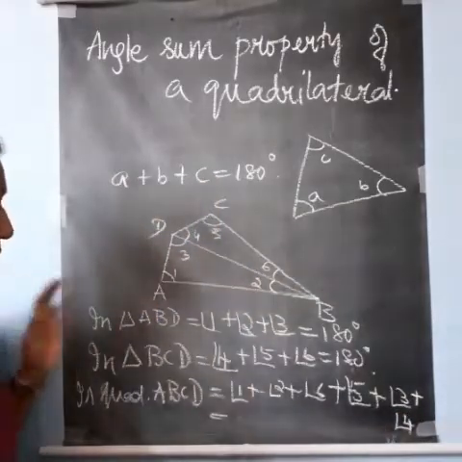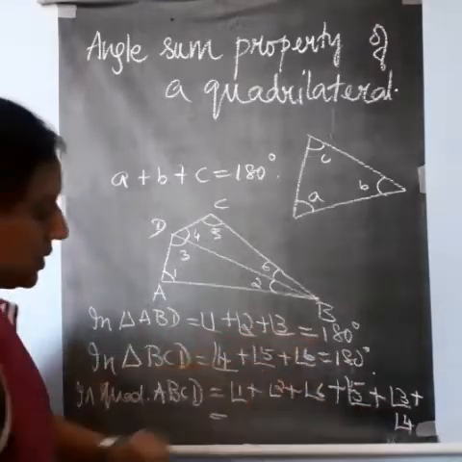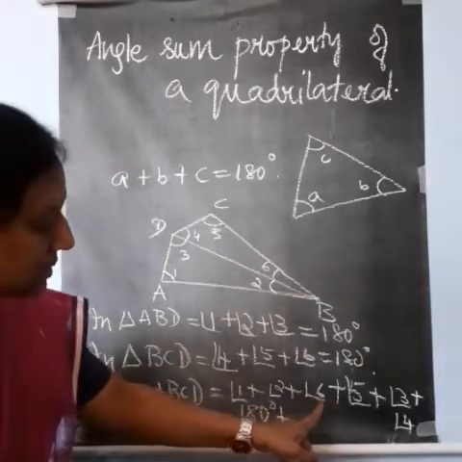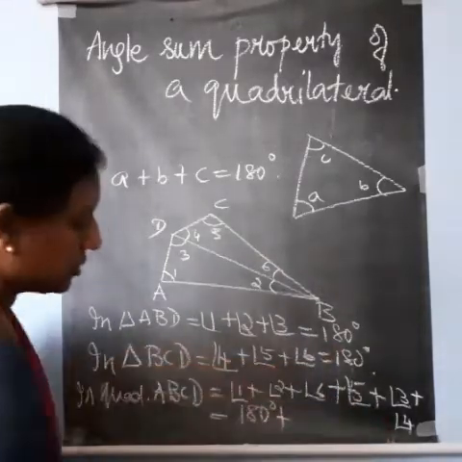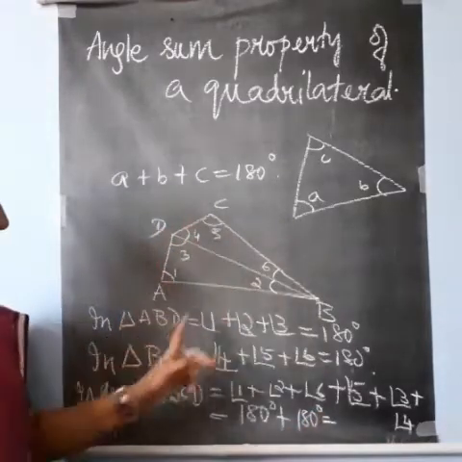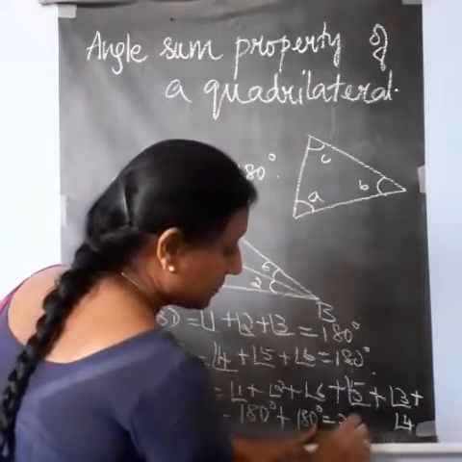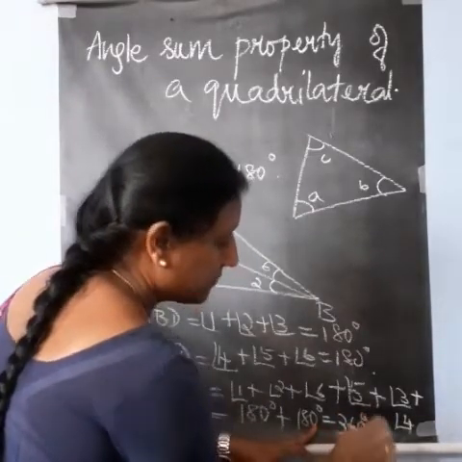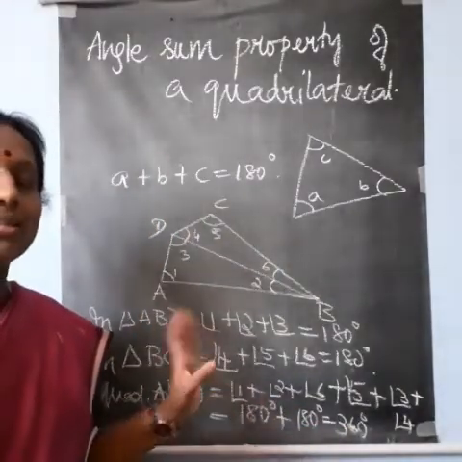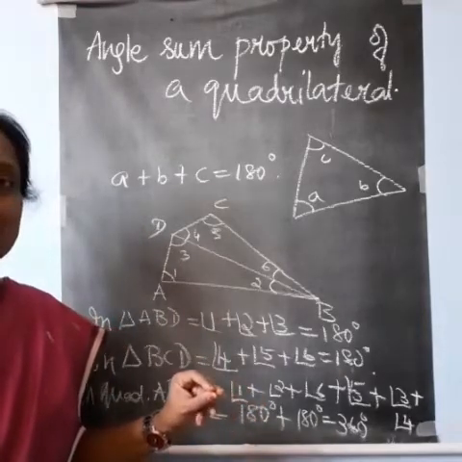So actually what are we getting? 1 plus 2 plus 3 is equal to 180, plus 6 plus 5 plus 4 is equal to 180 degrees. So we get that in a quadrilateral the angle sum property is 180 plus 180, which is 360 degrees. Okay. Now this is the property that you should know, that the sum of angles in any quadrilateral is going to be 360 degrees.